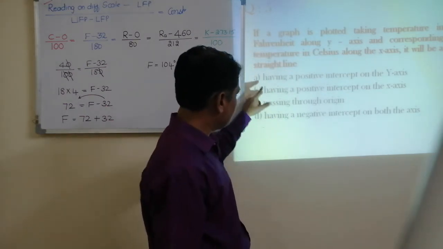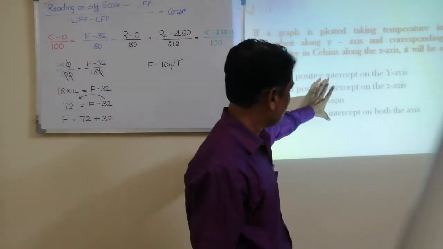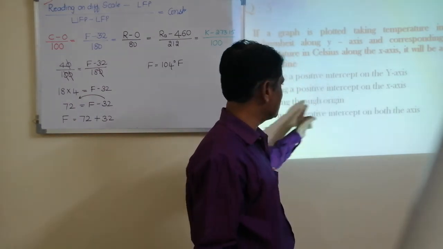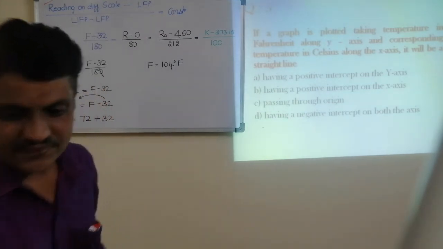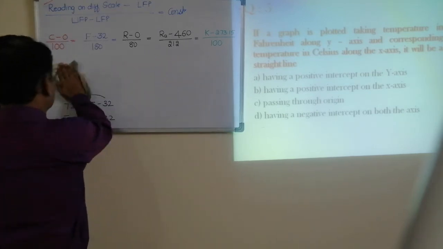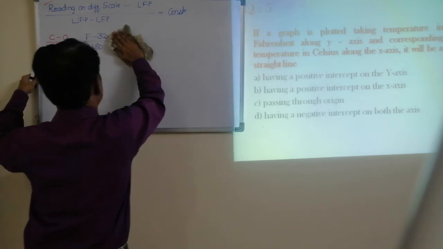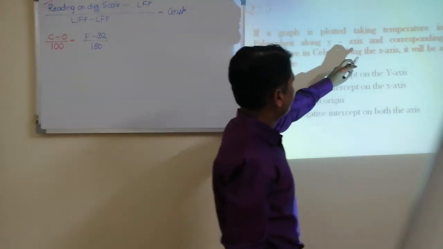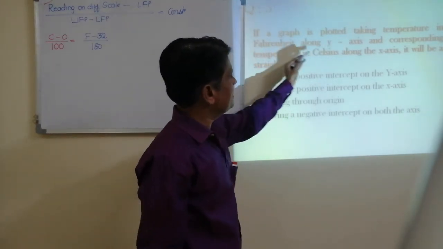Three options are asking about intercept, and the third option says passing through origin. We have to decide. To obtain the graph, we should know the relation between them.